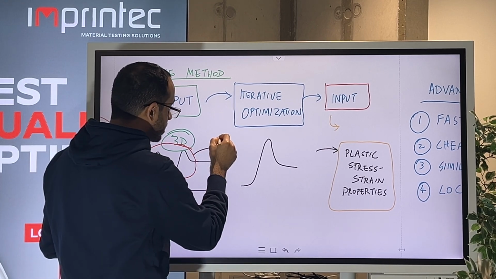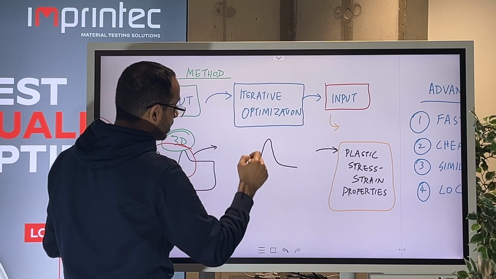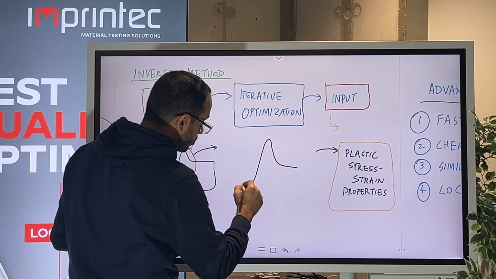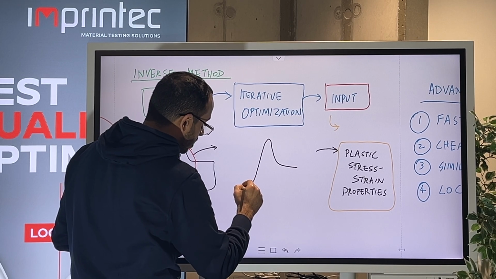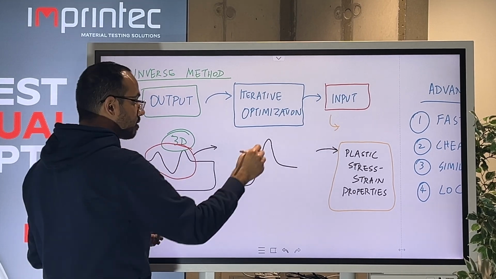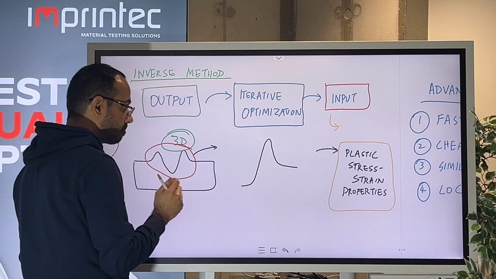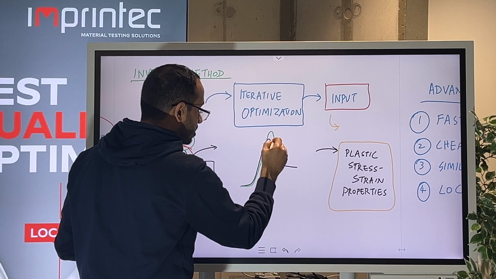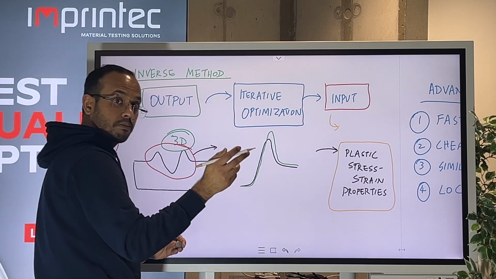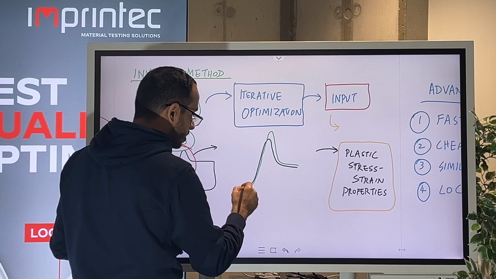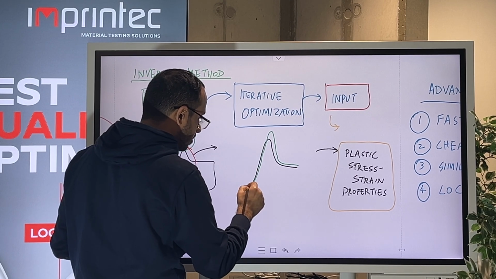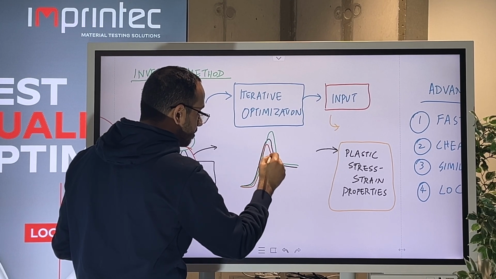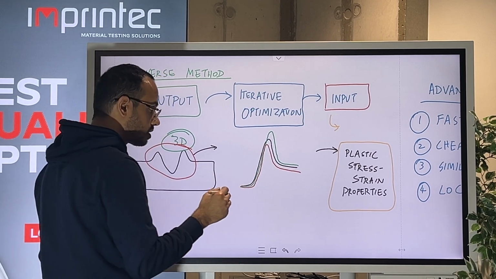The iterative solver tries to find which digital twin matches our experiment. For example, the first iteration may not match so much. The second iteration might be slightly better, but also does not match.